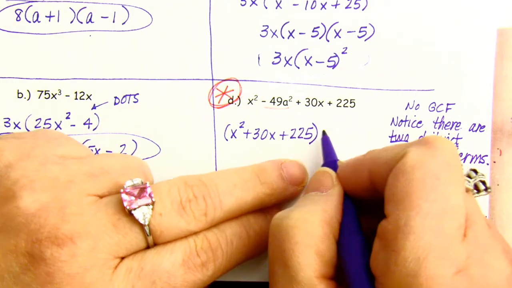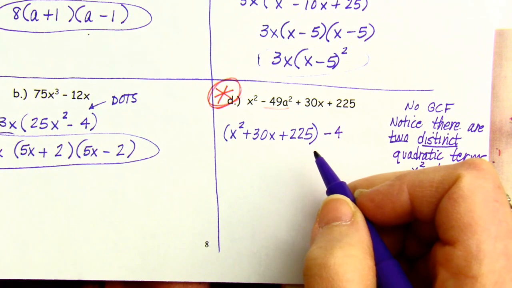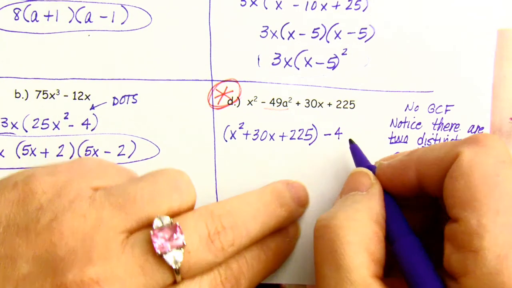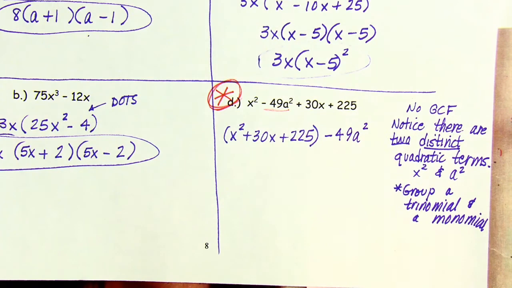And then the one that is unlike those, I know 225 doesn't have an x. However, I want to make a trinomial and a monomial, and the a squared is the one that has to get bumped out by itself. And that's why I'm putting the 225 with those x terms.